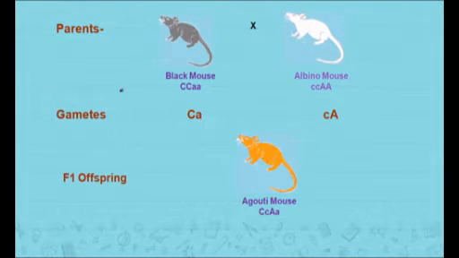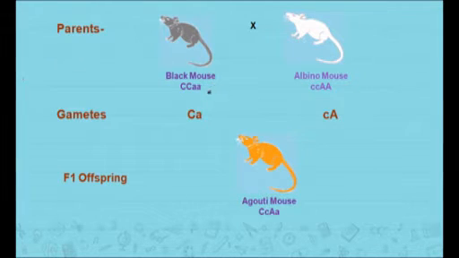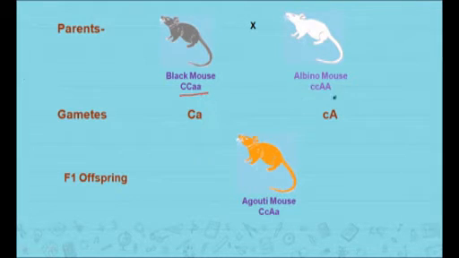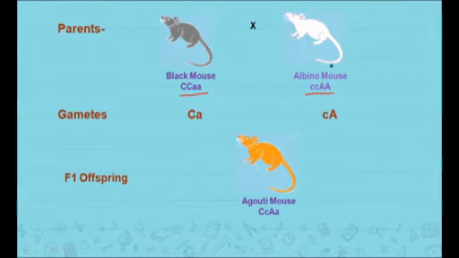We have selected two parents here. One parent is the black mouse, which contains the genotype capital C and small a. Here you can see the albino mouse, the other parent. Suppose this is male and this is female.